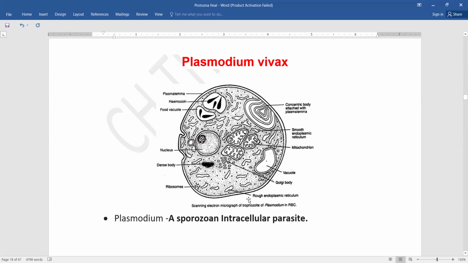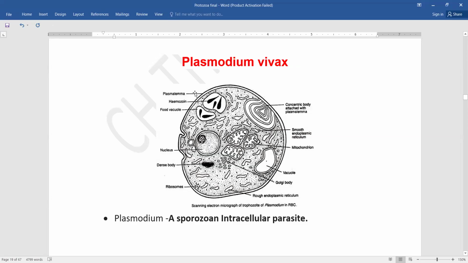If you observe this structure, Plasmodium is not a monomorphic parasite. It is a polymorphic parasite. It exhibits different shapes. So this is a trophozoite form of a Plasmodium. It looks like a normal cell.